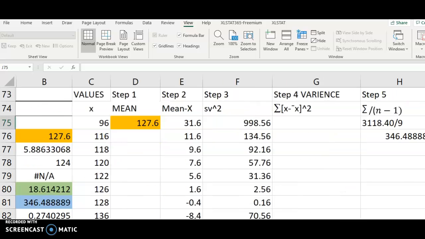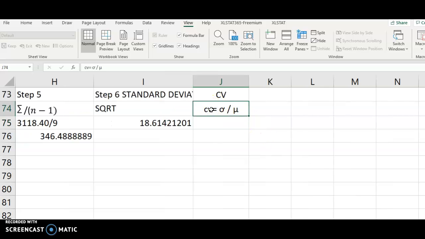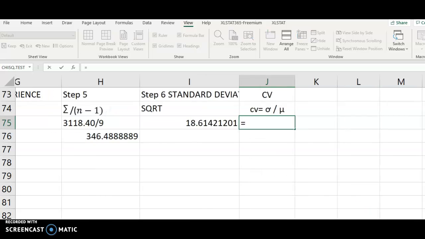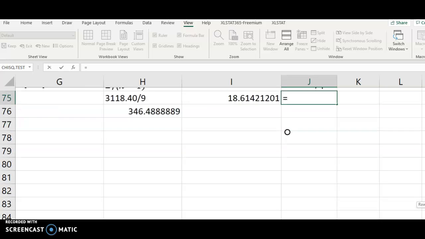Great. Now we're going to look for the coefficient of variance. This is the formula, CV equals, oh gosh, what is that sign? That is, oh, our standard deviation divided by mean. I forget, I'm sorry. So our standard deviation is going to be equal, and you can go back and highlight what your standard deviation was. And here it is, standard deviation is 18.6142.